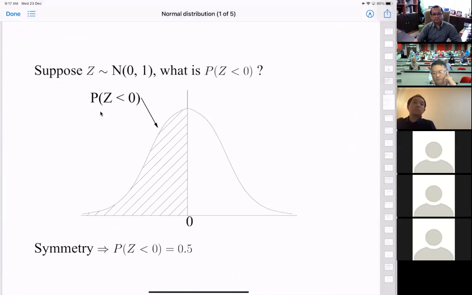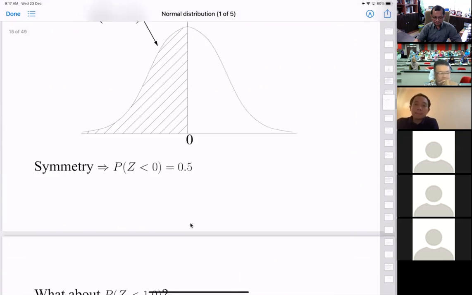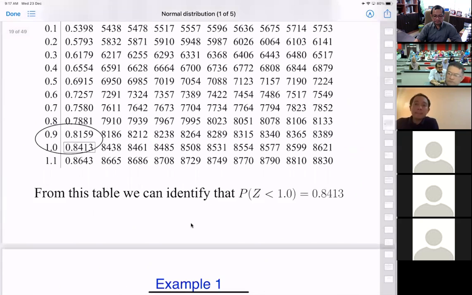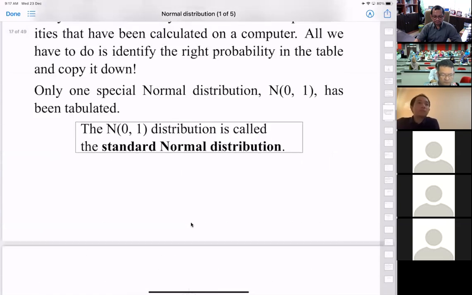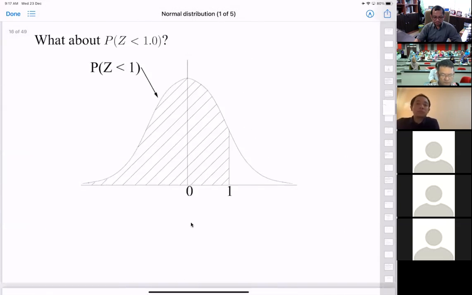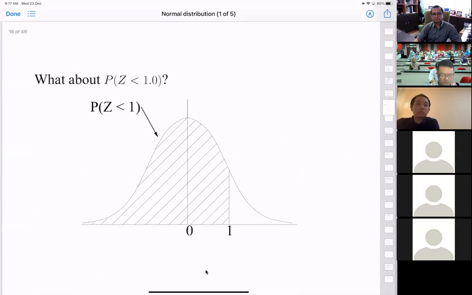Suppose for this one, our mean is equal to 0. In order to use the table, there is a Z table here, and the mean must be equal to 0. Then we can use this table. Mean equal to 0 here.